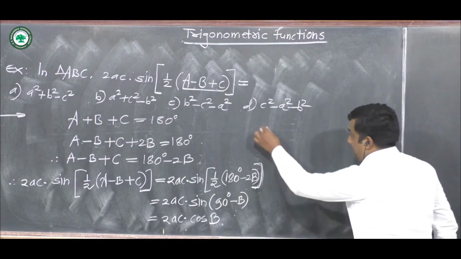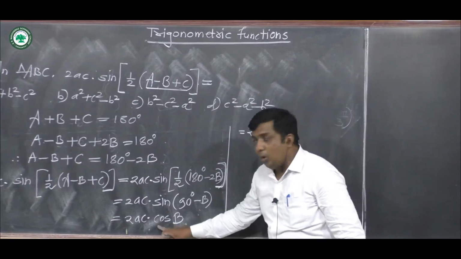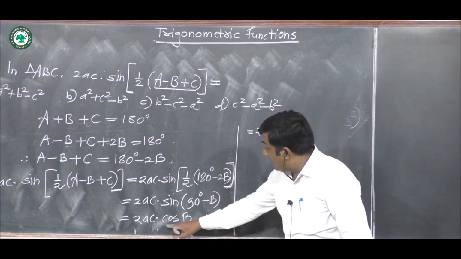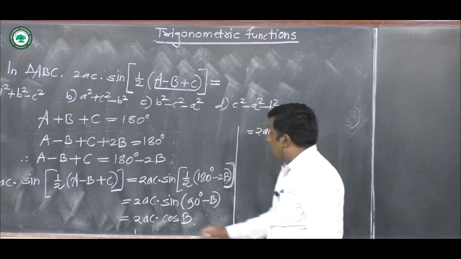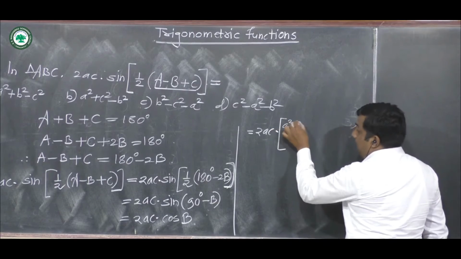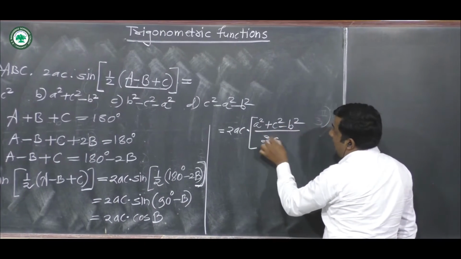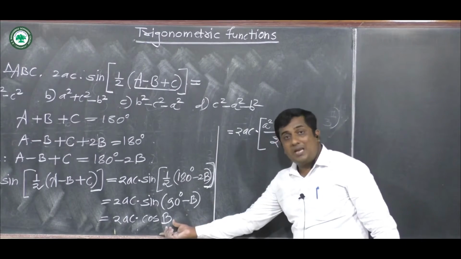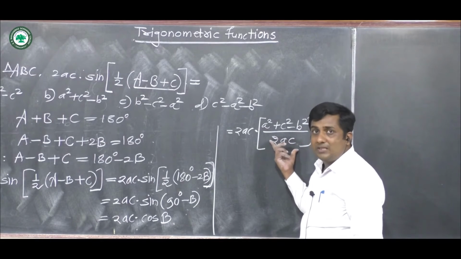Okay, so we get this. Now this is equal to twice AC into, now we know this cos B. We define this cos B by using our cosine rule. So here for the cos B, our rule is A square plus C square minus B square, divided by twice AC. By using cosine rule, we define this step.